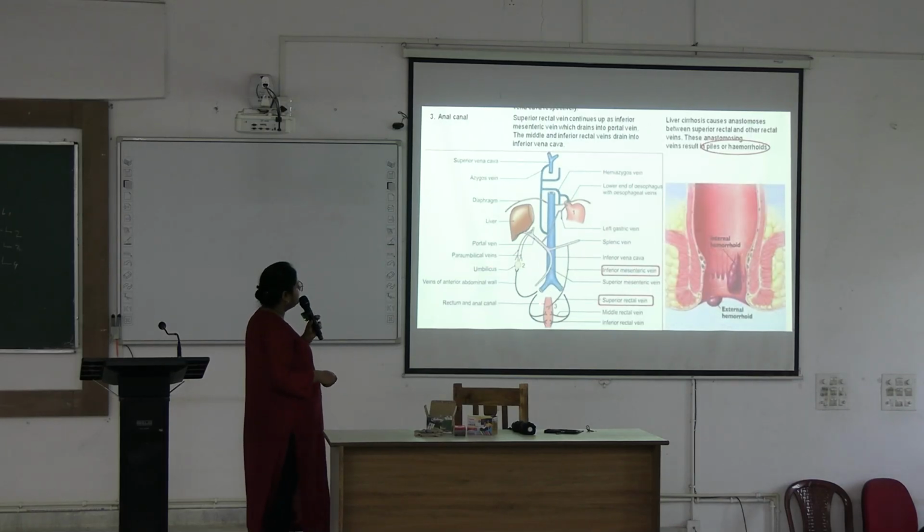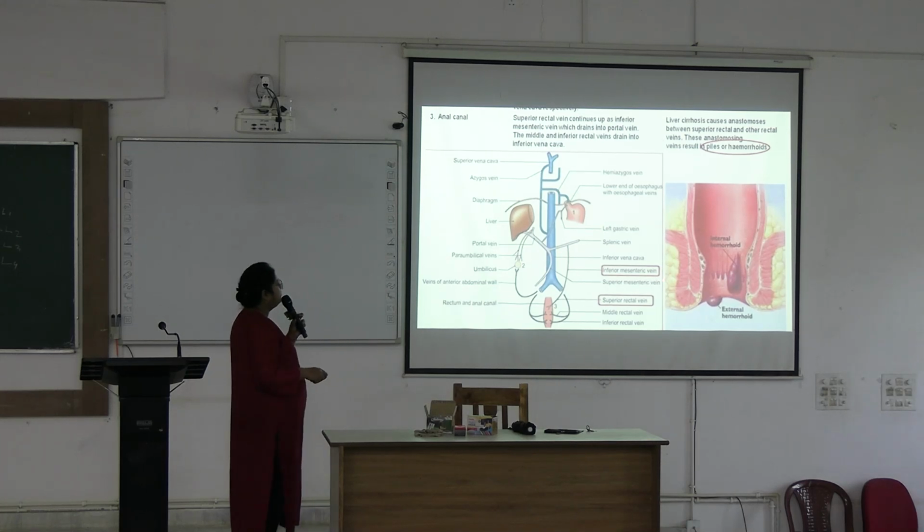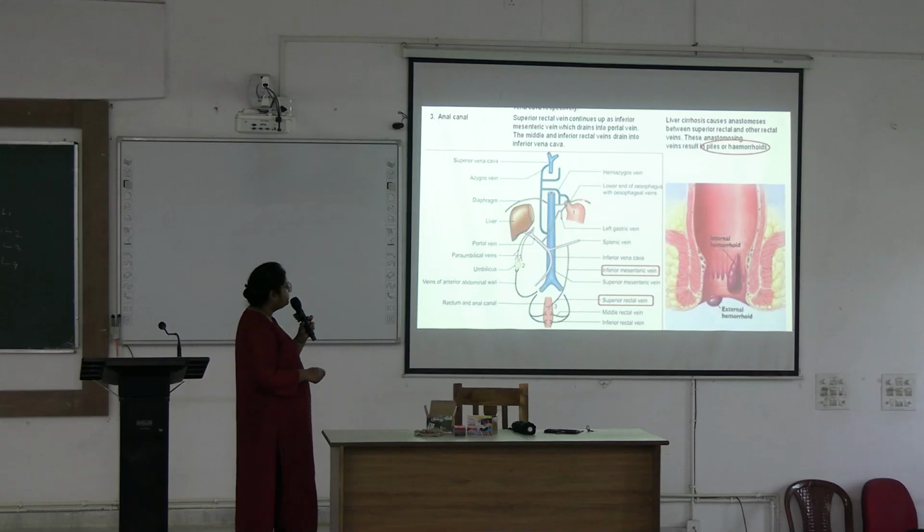And here in the lower end of the rectum, superior rectal vein is the portal system. It is a tributary of portal system draining into the splenic vein after formation of inferior mesenteric vein. Okay, and these lower two veins of rectum, middle and inferior rectal vein, they are veins of systemic system.